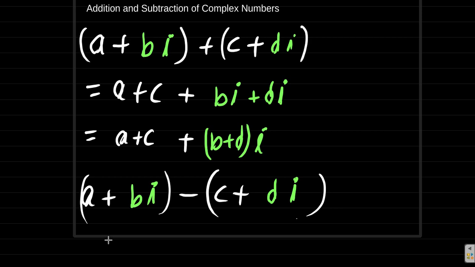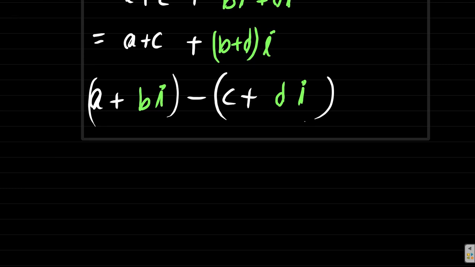As before, it's the same steps except that we're going to subtract the real parts and the imaginary parts. So what we're going to have is a minus c, that's the real part.